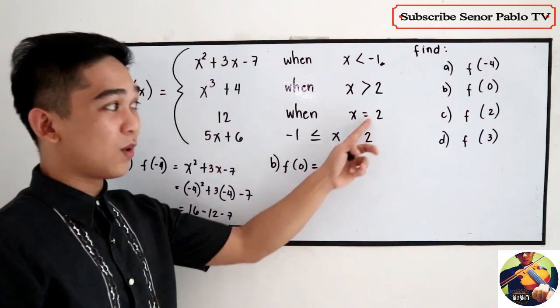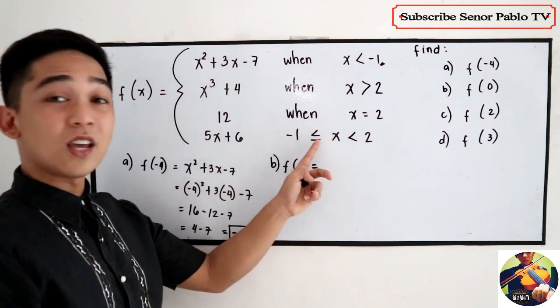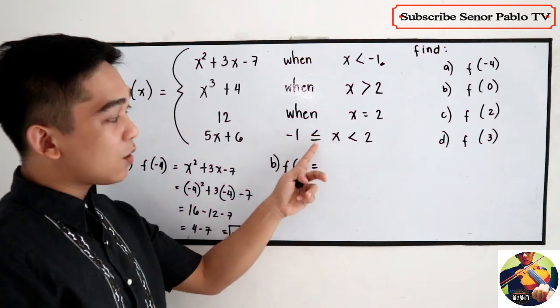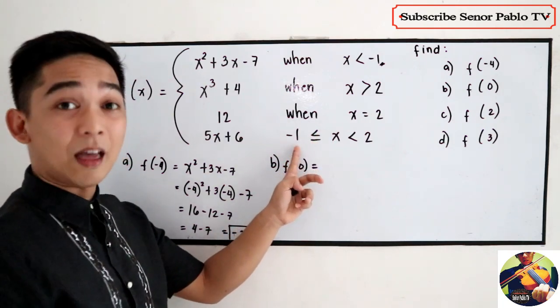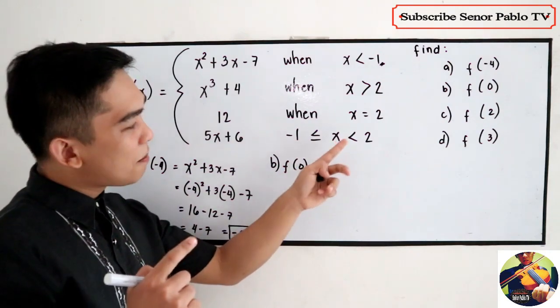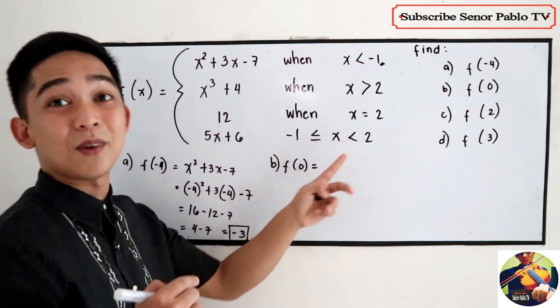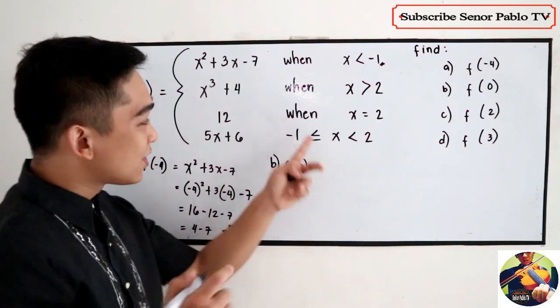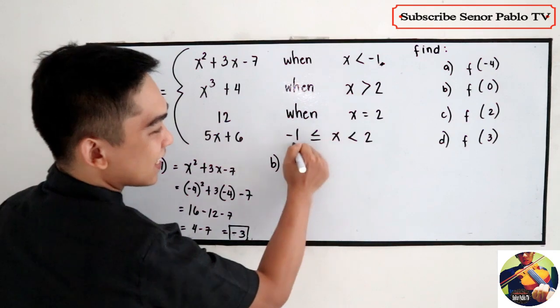Kasi hindi naman sila equal. So, ito na yung condition natin. I-check natin. X is greater than or equal to negative 1. Tama. Mas malaki si 0 kay negative 1. But less than 2. Okay, pasok. Kasi less than 2 naman talaga si 0. So, ito yung gagamitin natin.